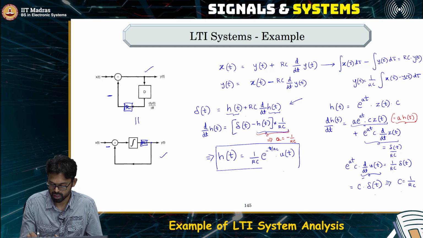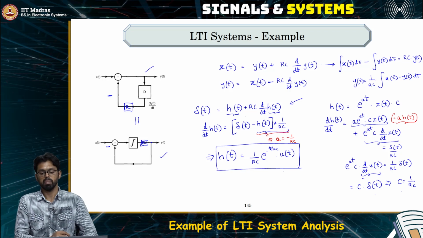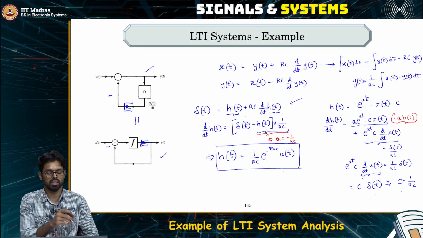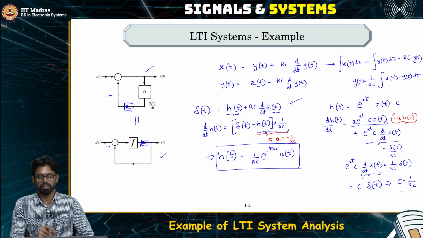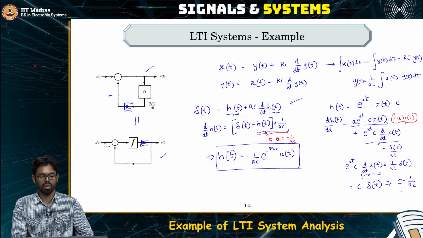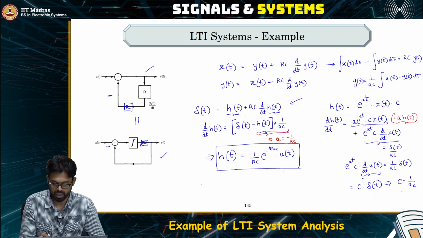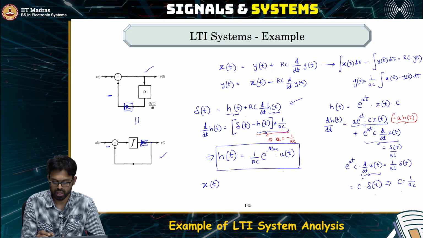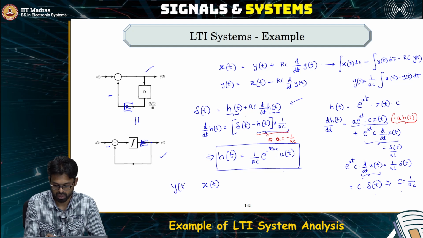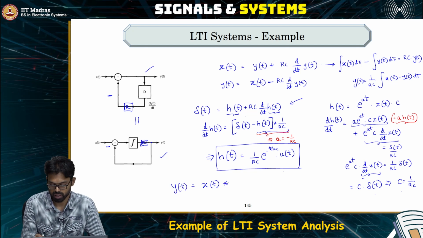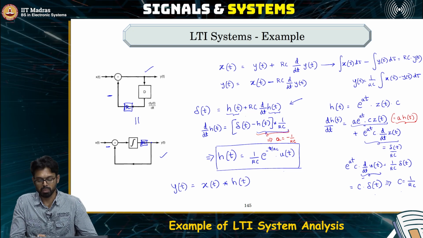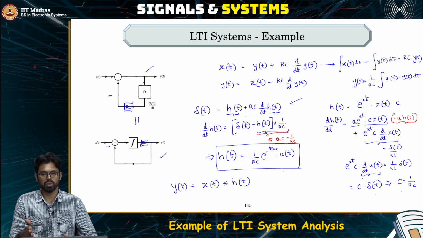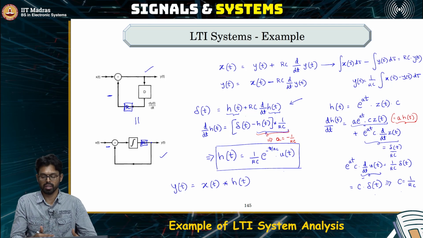This is the impulse response that we are looking for, and that completely characterizes this LTI system of the RC circuit. So the RC circuit is an LTI system, and we know its impulse response, which means for any arbitrary input signal x(t), the output y(t) is simply the convolution of this signal with the input. So this can tell us the output for any kind of voltage signal that you are applying.